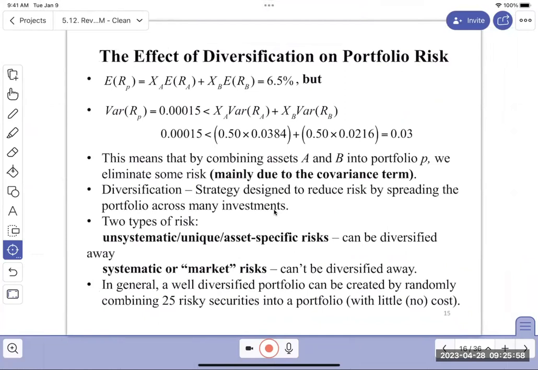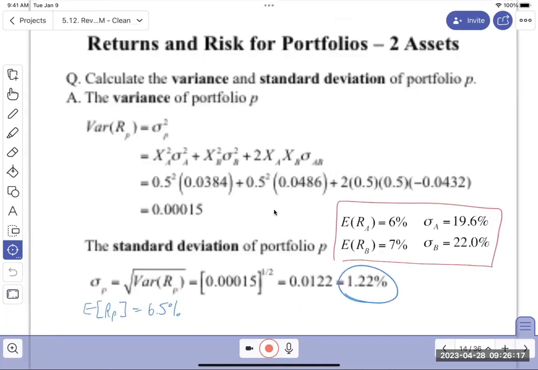And what we see is that our measure, 1.0122, is quite low relative to holding the security alone.